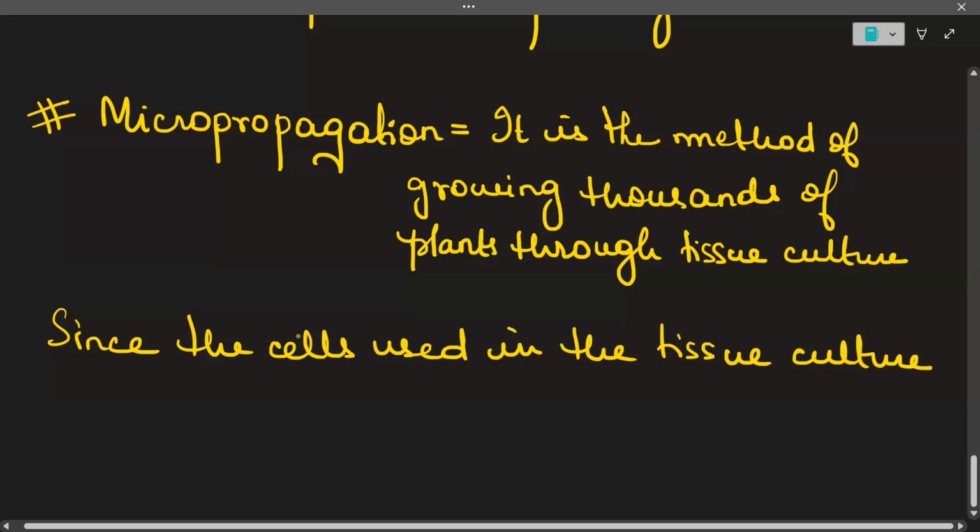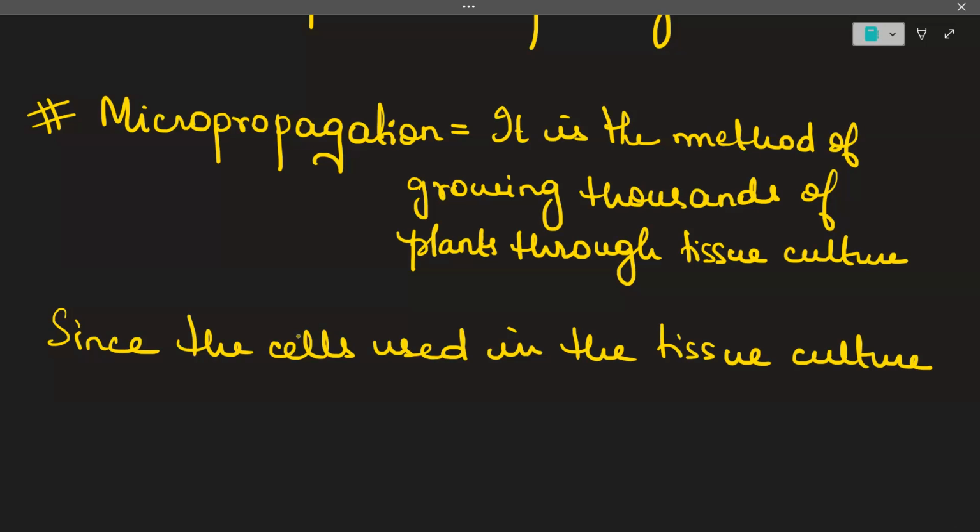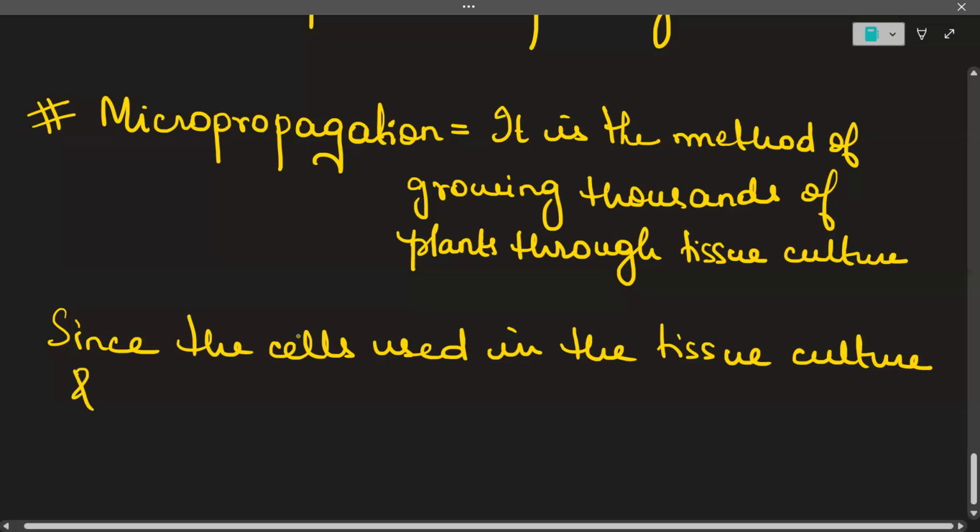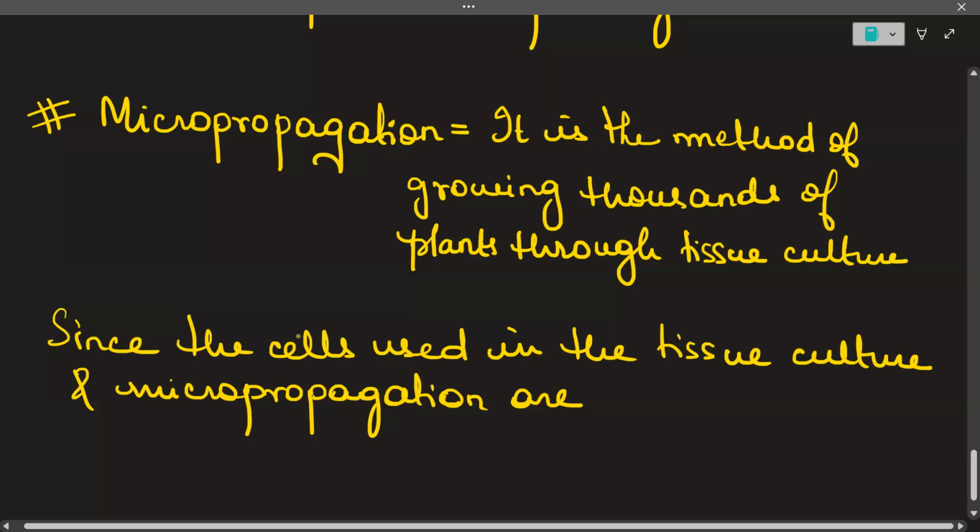Yeah, the question is, in the process of tissue culture or micropropagation, whatever tissue you are using, are you using it from the germ cell or from the somatic cell?